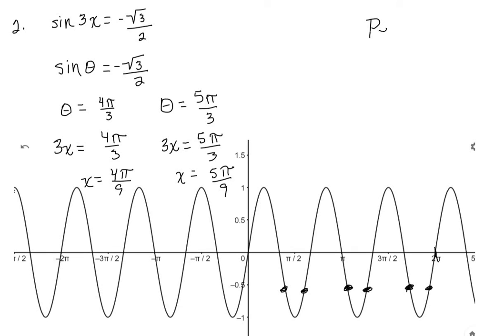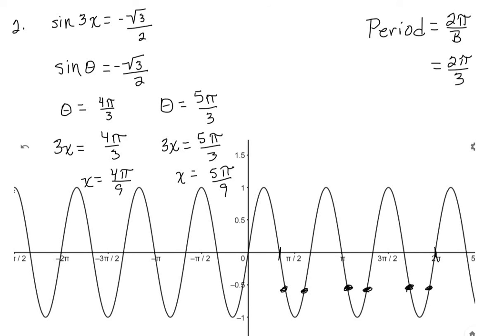The next thing I want to look at is the period of this function. Remember that period is 2 pi divided by b. So in this case, I'm going to have 2 pi divided by 3. So once I know this point here of 4 pi over 9, and it is this point, then I can add 2 pi over 3 to that to come up to the next point.